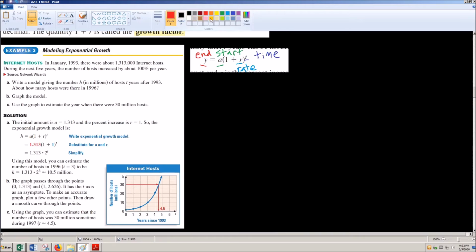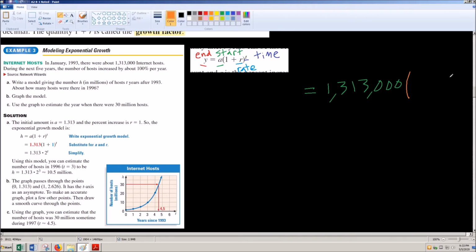So I'm going to start with my 1,313,000. Here we go. And now I'm going to multiply by, I haven't used orange here, so I'll use that for my general notation stuff.